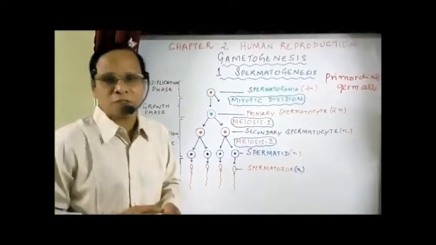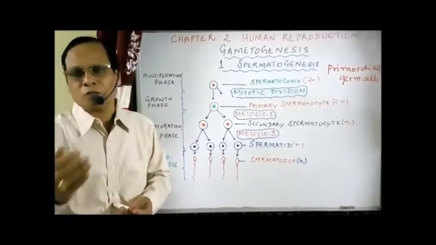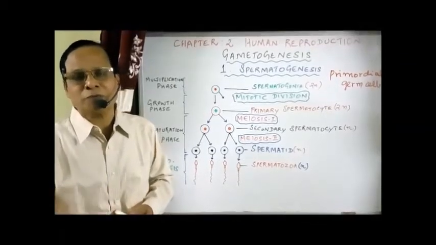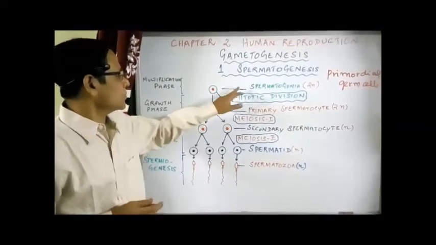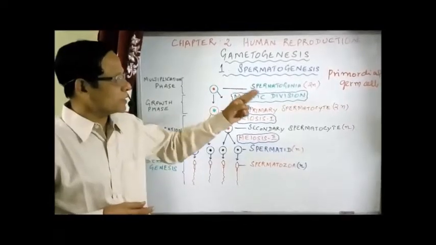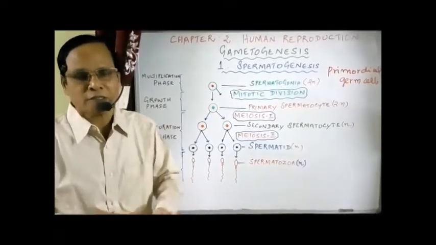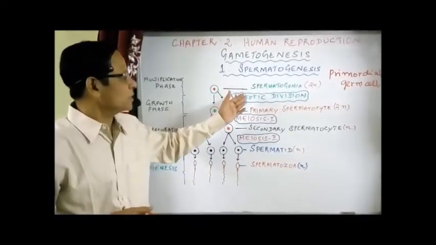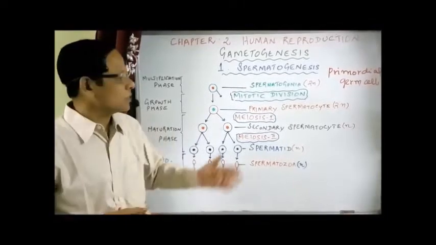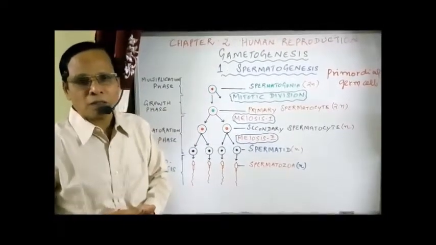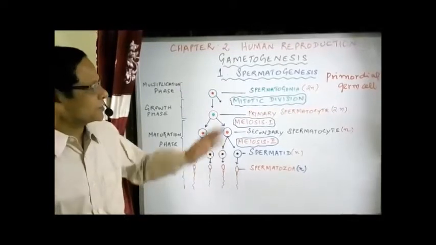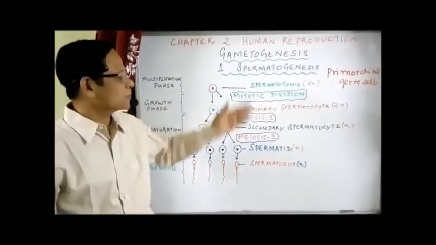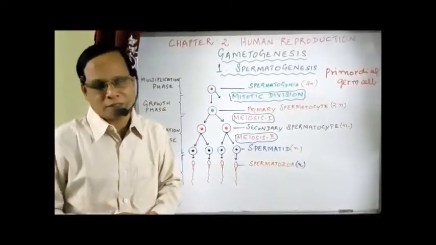The primordial germ cells migrate into the testis and become modified into immature germ cells called the spermatogonia, or sperm mother cells. That's the first stage, primordial germ cells. The next one, the germinal cells called spermatogonia, also called sperm mother cells.